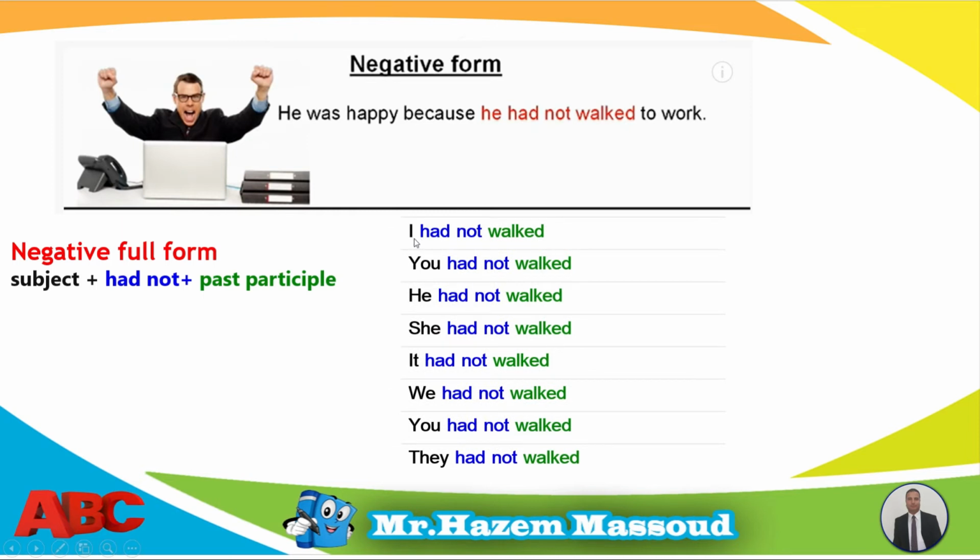For example, I had not walked, you had not walked, he had not walked, she had not walked, it had not walked, we had not walked, you had not walked, and they had not walked.